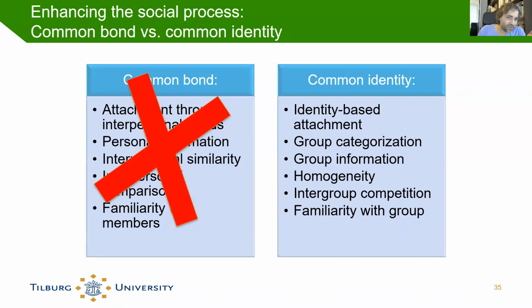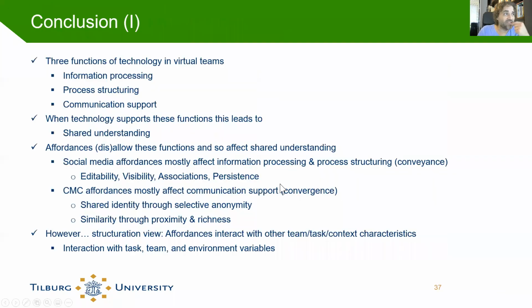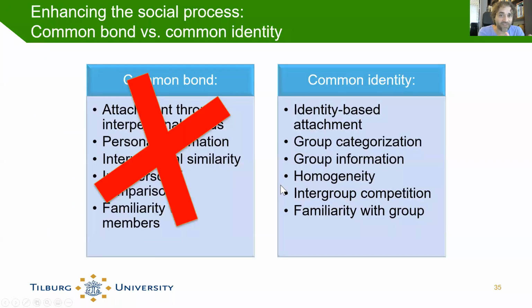And this is not counterintuitive, but this kind of goes against what many social media do. So many social media applications focus mostly on supporting a common bond. So you have your own profile picture, your expertise is shown, you can communicate with each other individually. And many social media applications don't necessarily focus that much on stimulating common identity.